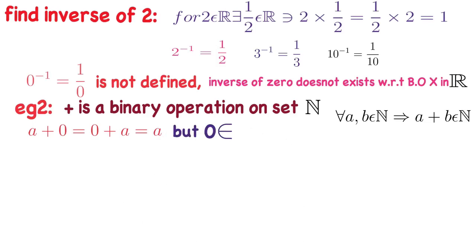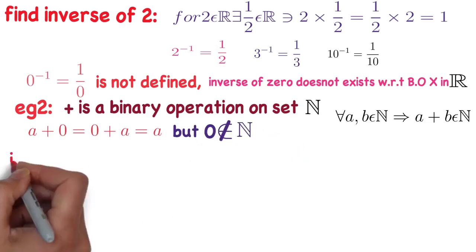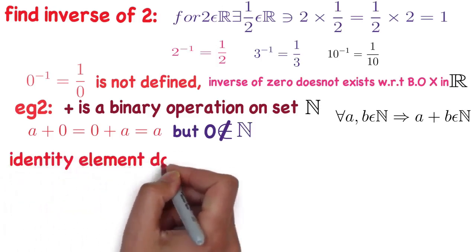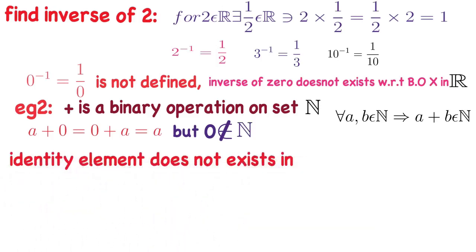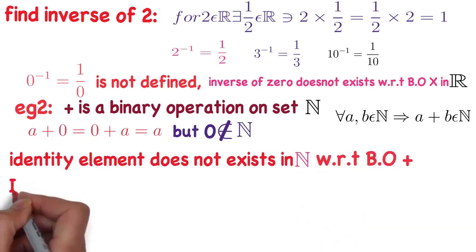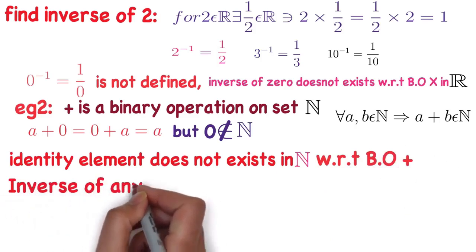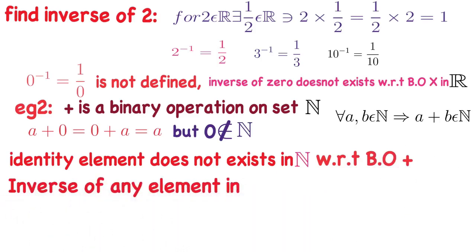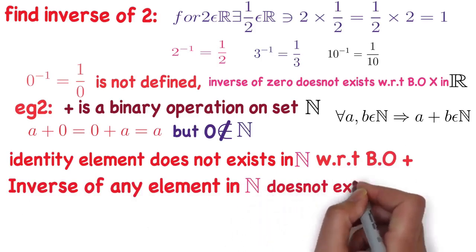That means the identity element does not exist in N with respect to addition. If the identity element doesn't exist, then the inverse never exists. The inverse of any element in N does not exist with respect to binary operation addition.